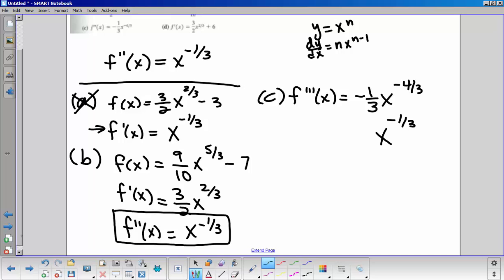Listen, I appreciate that this has got everybody so excited. But what did I do? I brought the power down and I multiplied and I lowered the power 1. If I'm going to go backwards, let's say my derivative is x to the n. I'm going to raise the power 1, as you guys so aptly stated. Are we done?